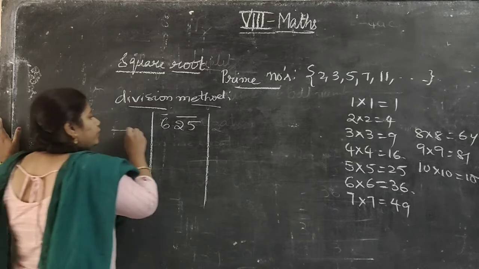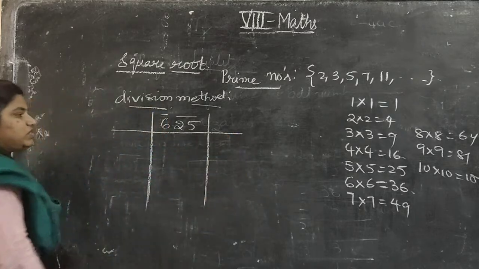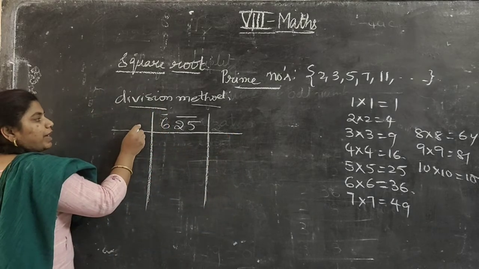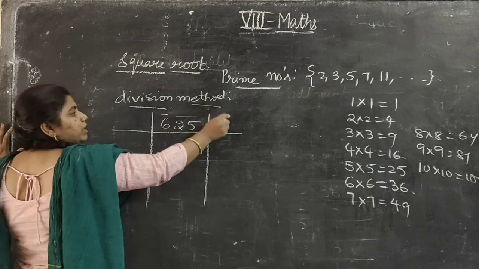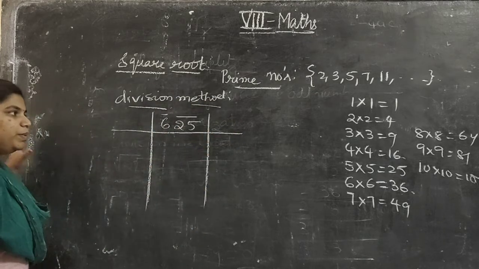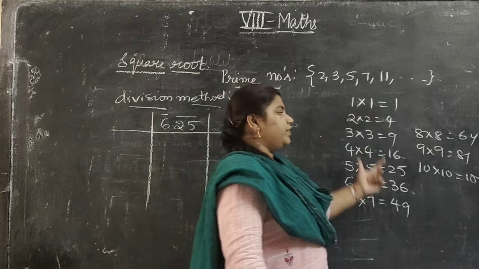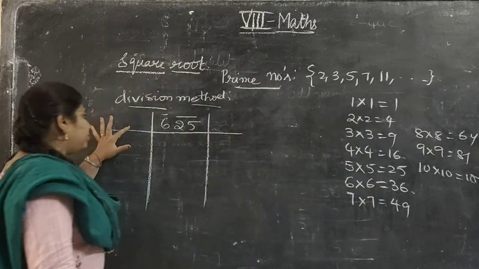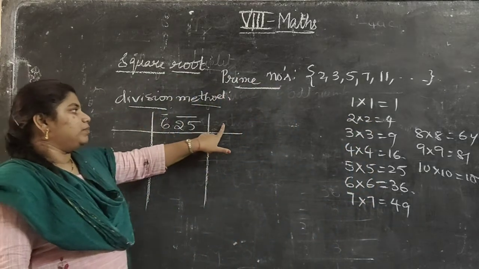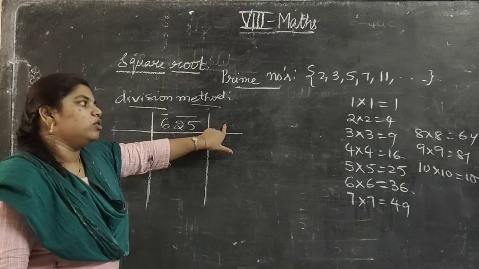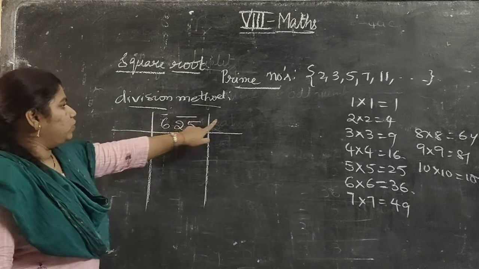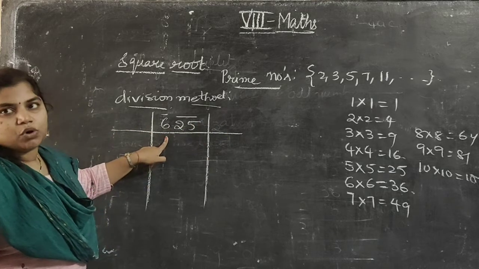Now the second step: whichever number you multiply on this side, the same number should be multiplied here also, because we are using only perfect square numbers. That is 1, 1s are 1, which is a very small number.